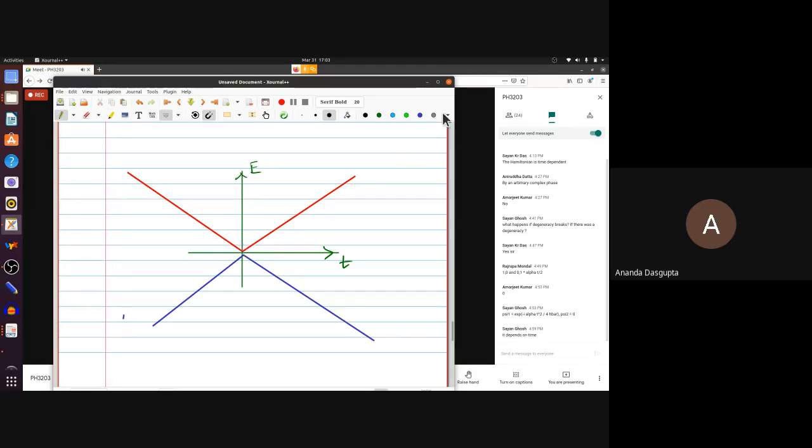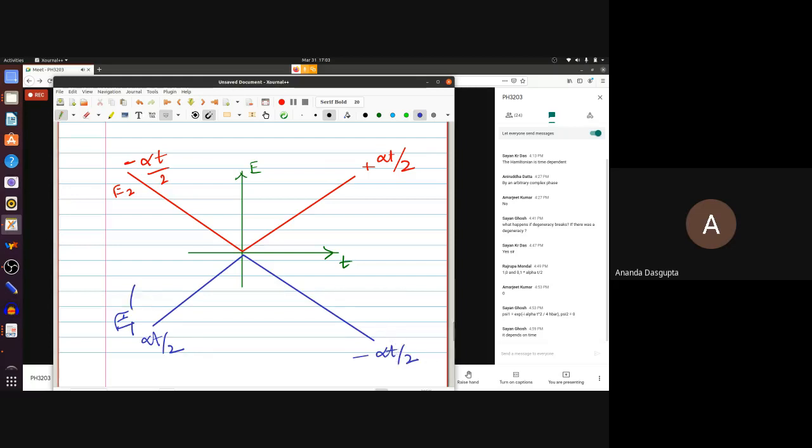So the one marked in blue is E1, the one marked in red is E2. And notice that E2 was minus alpha t by 2 for negative times and plus alpha t by 2 for positive times. Whereas E1, on the other hand, was alpha t by 2 for negative times and minus alpha t by 2 for positive times.